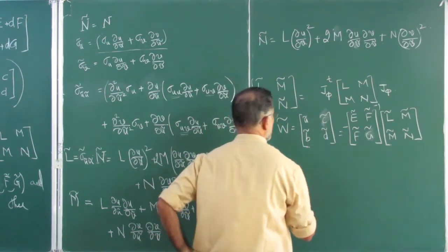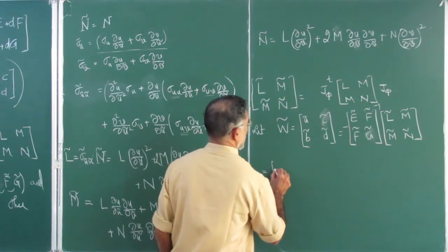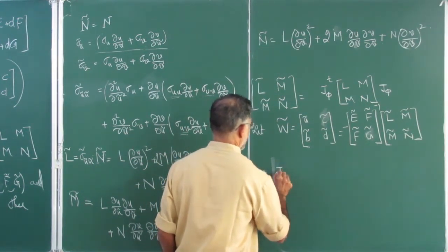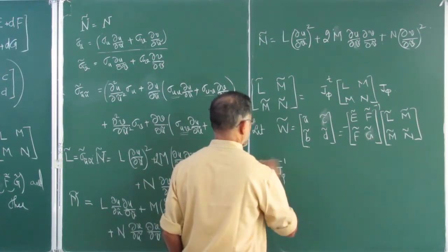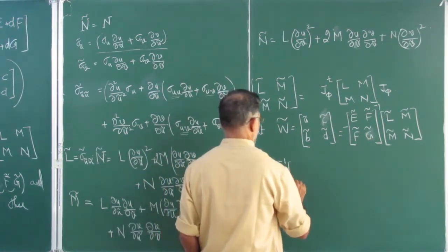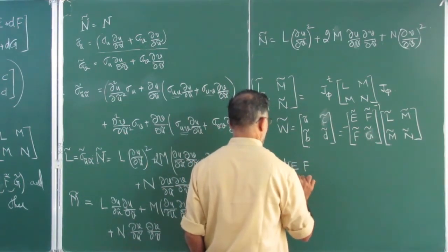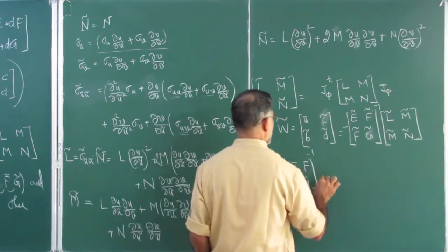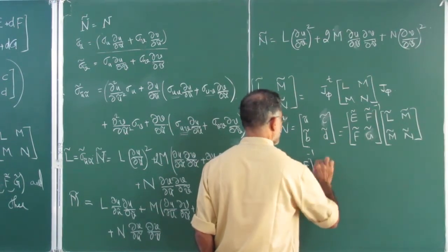So the inverse will be, let me write this, Jacobian of phi inverse, E F F G inverse, Jacobian of phi transpose inverse.